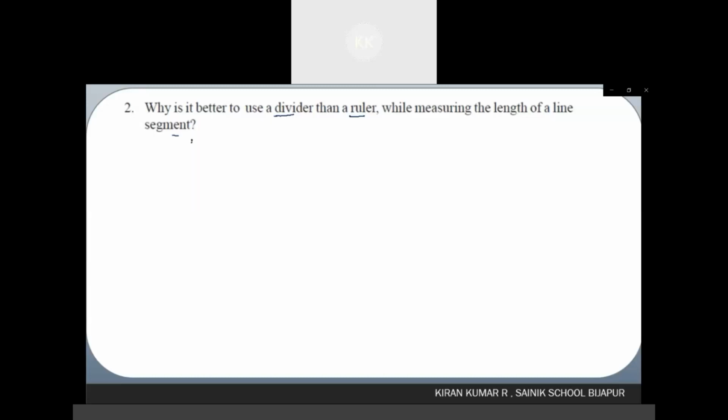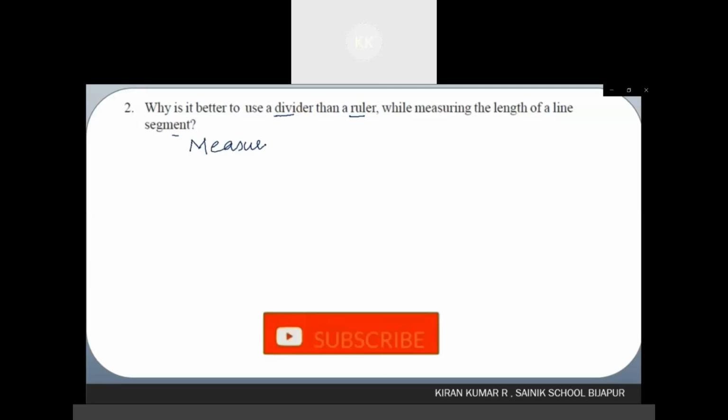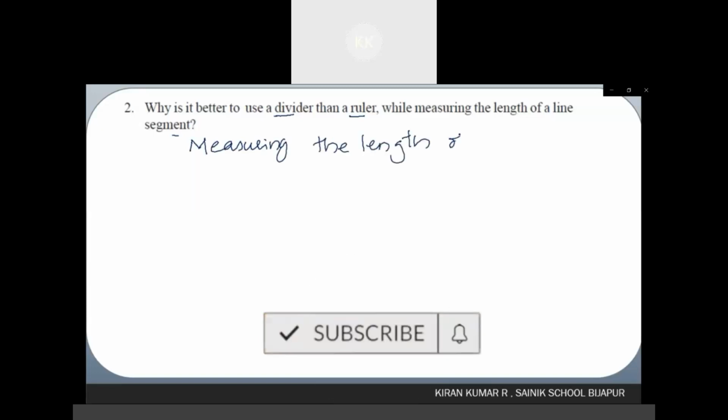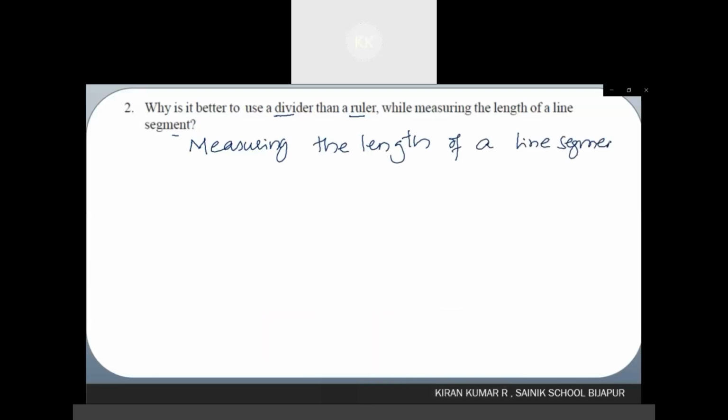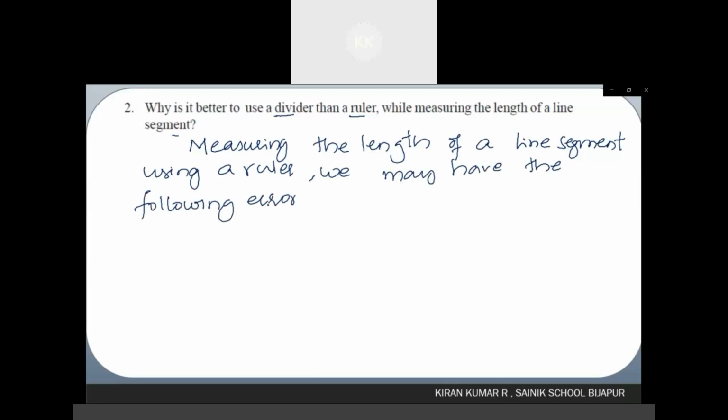Let's write the answer. Measuring the length of a line segment using a ruler, we may have the following errors. The first error could be the thickness of the ruler.